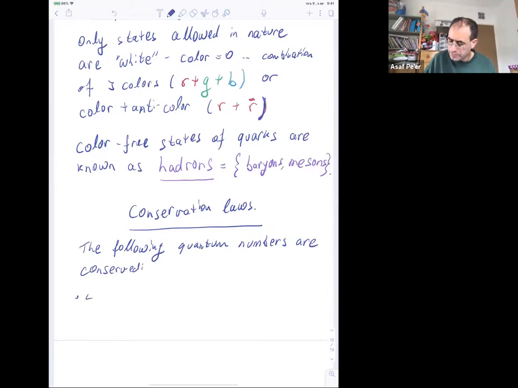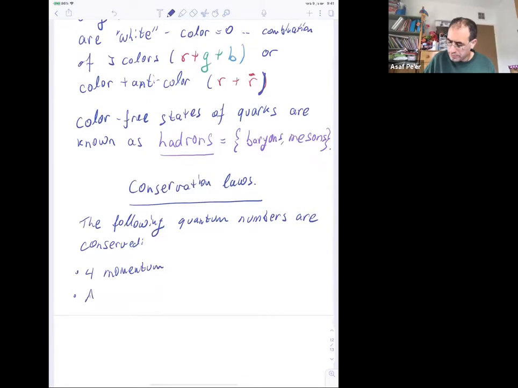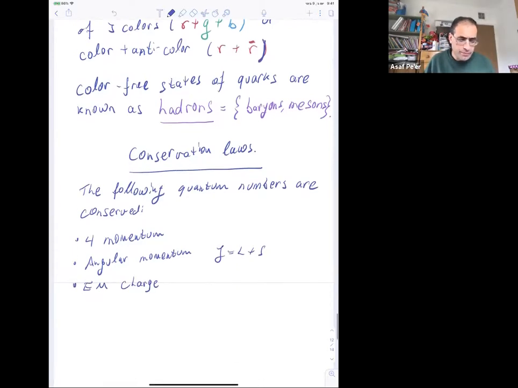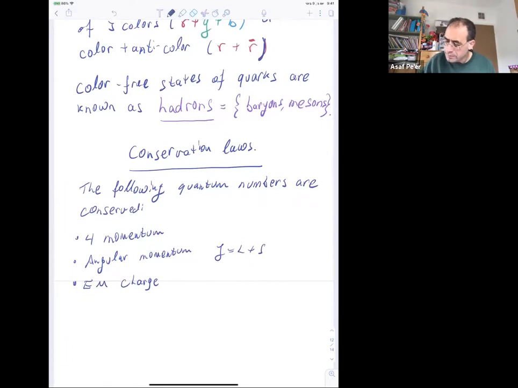We said the 4-momentum, the angular momentum, J is L plus S, orbital and spin, the electromagnetic charge, and the flavor. They are conserved in the strong and electromagnetic interactions.